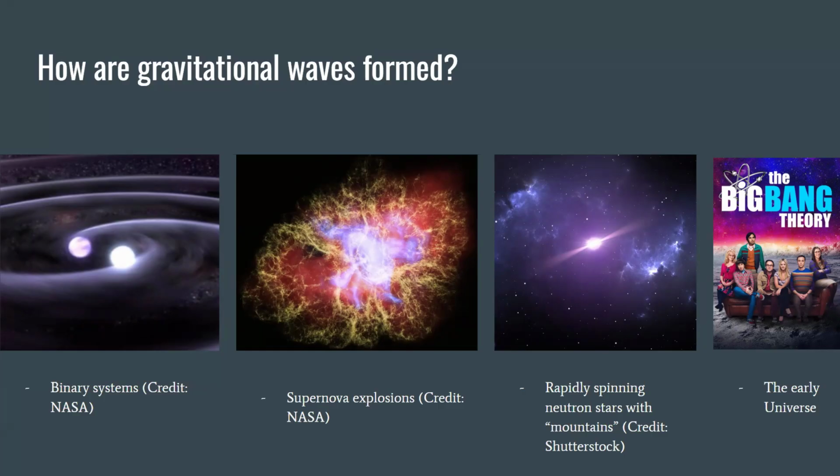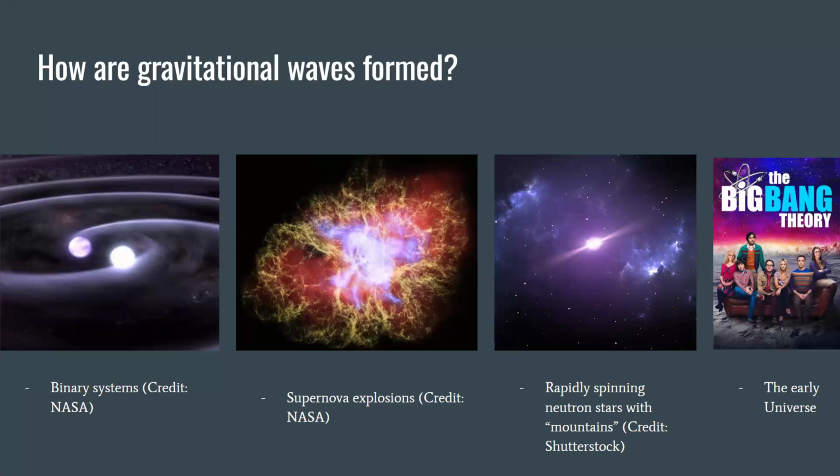And when these binary systems are merging, they create that uneven environment that we were talking about earlier. We also have supernova explosions because they are very violent phenomena, and because of that, they also create that asymmetrical distribution of mass. We also have rapidly spinning neutron stars with small bumps, which are the mountains.